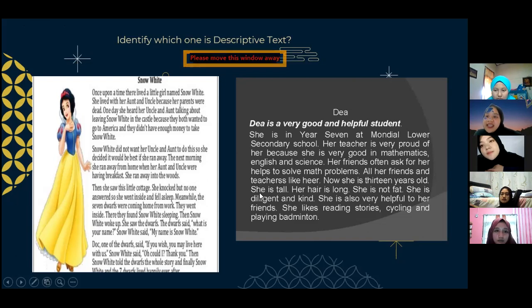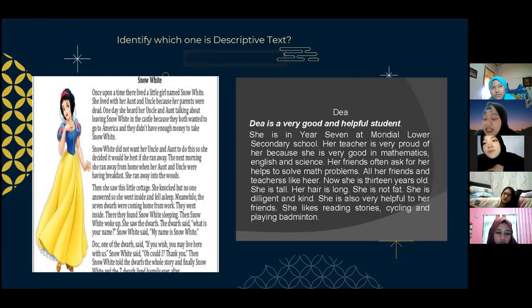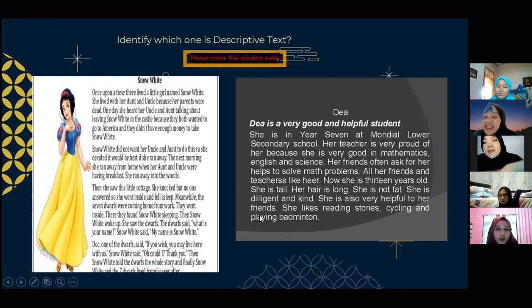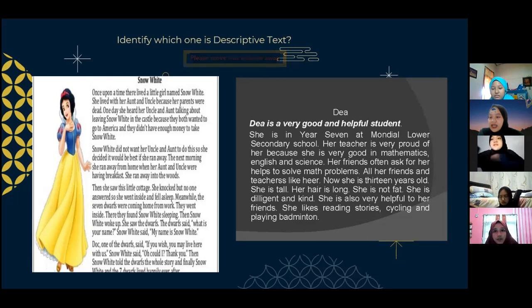What is it called, the part that contains the specific information? Description. Yes, that's right. So how many generic structures are in descriptive text? There are two. The first is identification, the second is description. Okay, good. I think you have got the point, right?